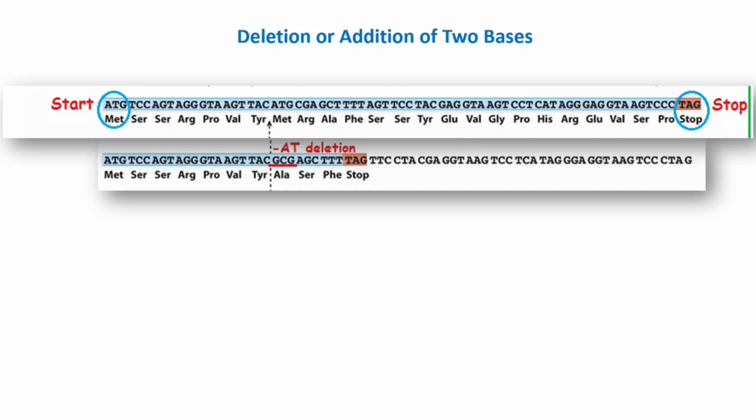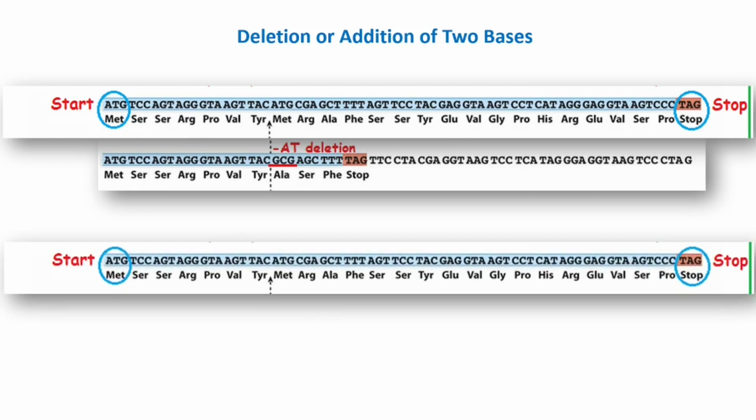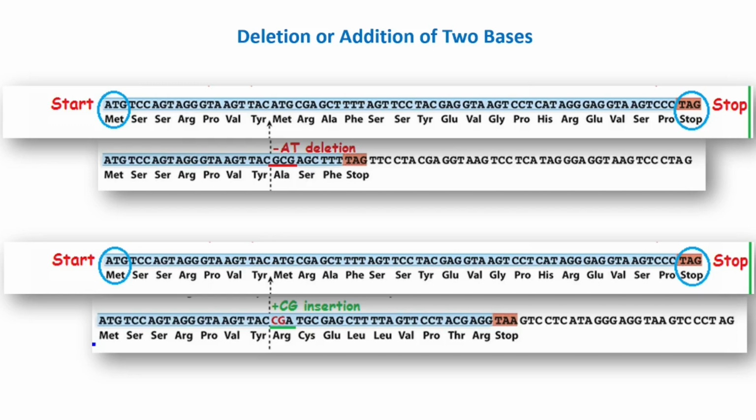Likewise, in a nucleotide sequence, if two nucleotides CG are added, the changed sequence of nucleotides is thrown out of reading frame, resulting in a frameshift mutation, which leads to a changed sequence of amino acids in the protein.